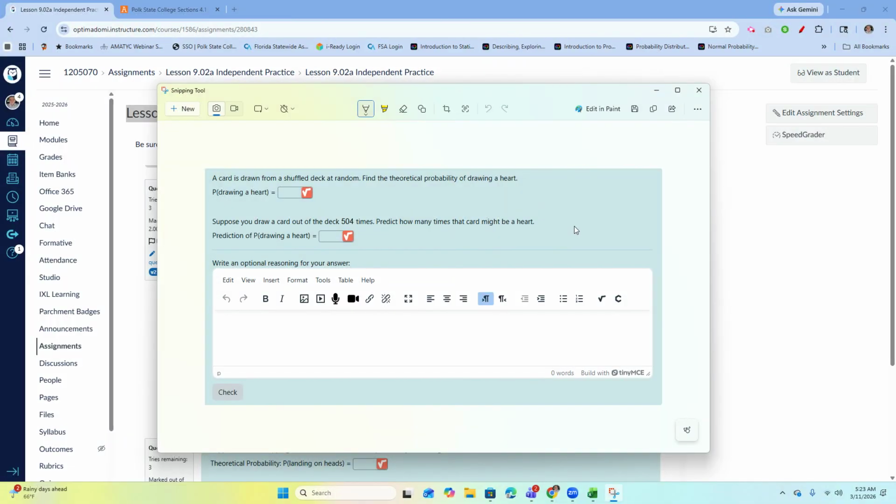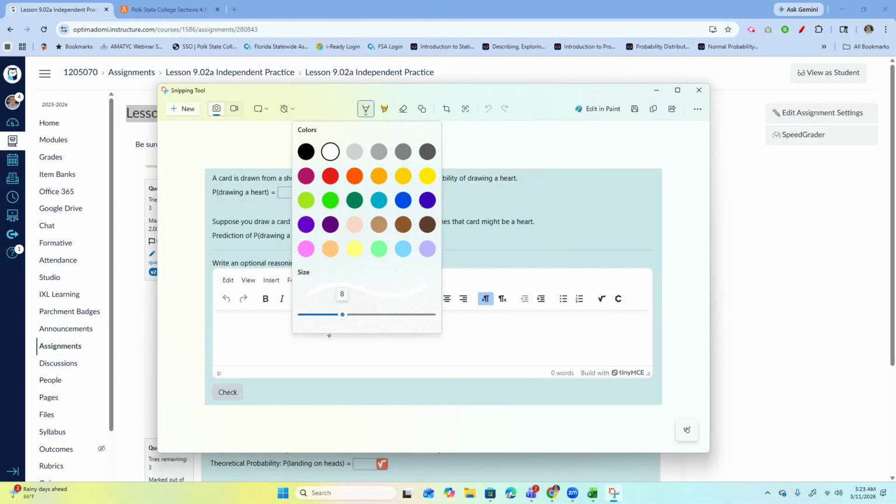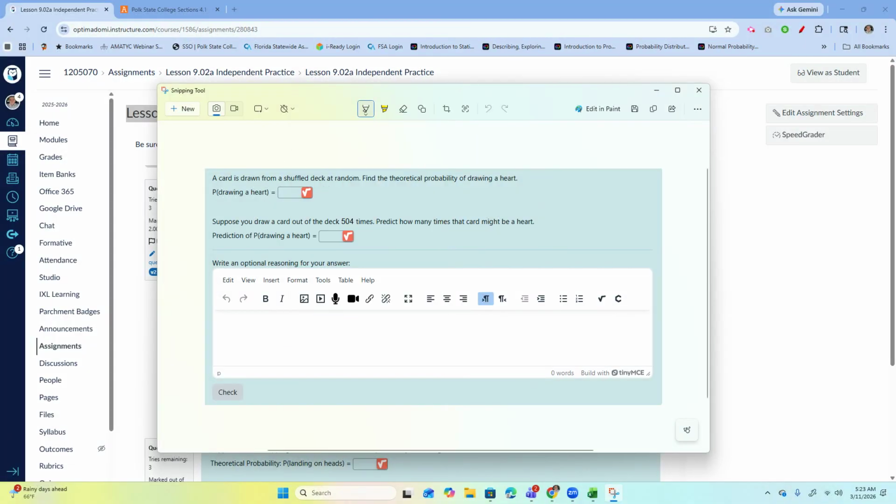If you remember the VR lesson we did yesterday, basically a standard deck of cards has 52 cards. So there are 52 cards in total. And out of those 52 cards, 13 of them are hearts.